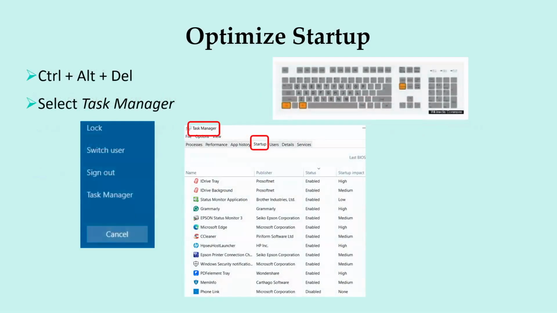So you can do the traditional Control-Alt-Delete to bring it up from back in the day. And then you can go in and you can see the processes that are going on, app history, and there's what's starting up. Your Epson status monitor. Do you really need that for your printer? Probably not.